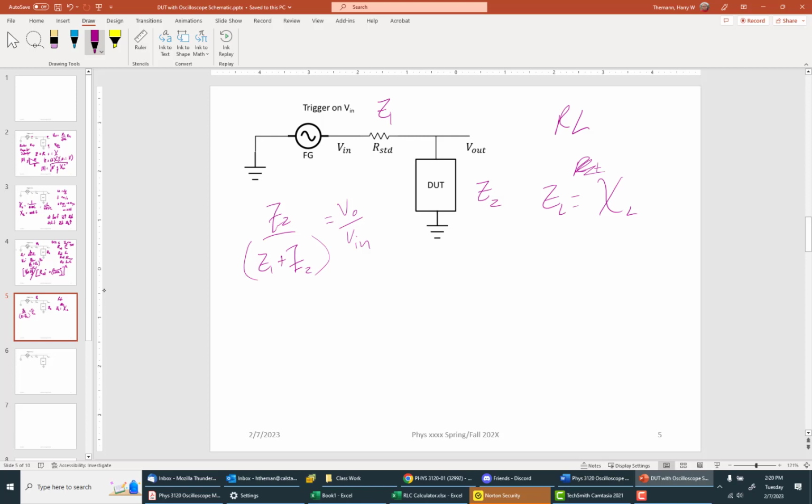So this means we have 2 pi FL. This one is a little less messy. 2 pi FL divided by R squared plus 2 pi FL squared, and the whole thing square rooted.